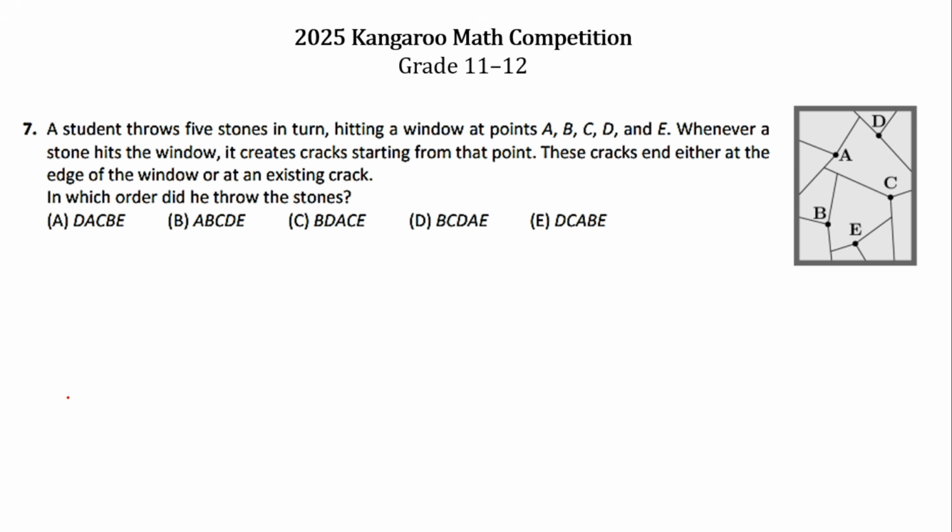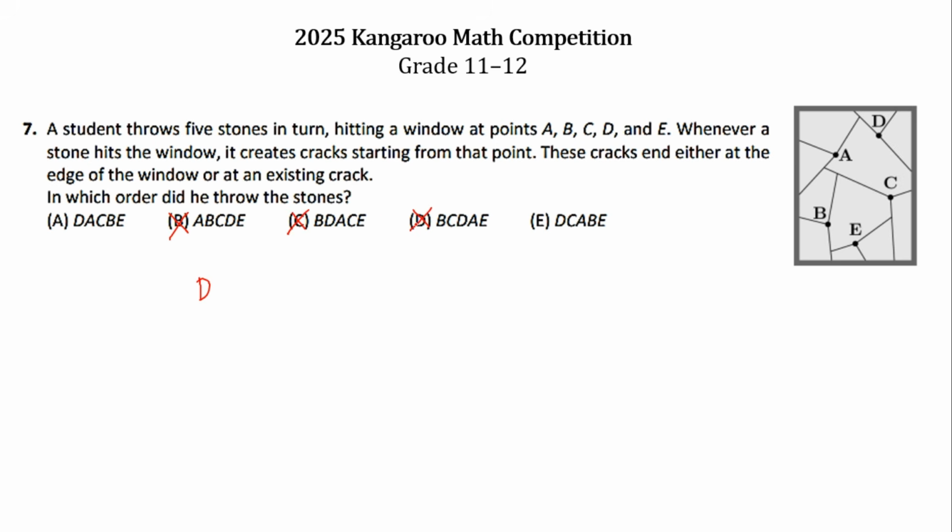Now, the stone that was thrown first must have created cracks that went all the way to the edge of the window. And obviously, the stone that created such cracks is stone D. So, we immediately eliminate options B, C, and D.